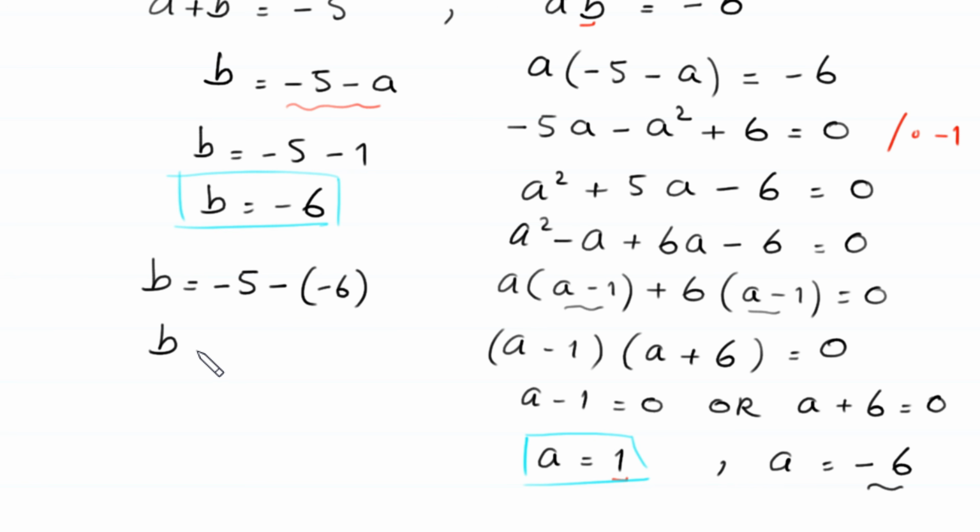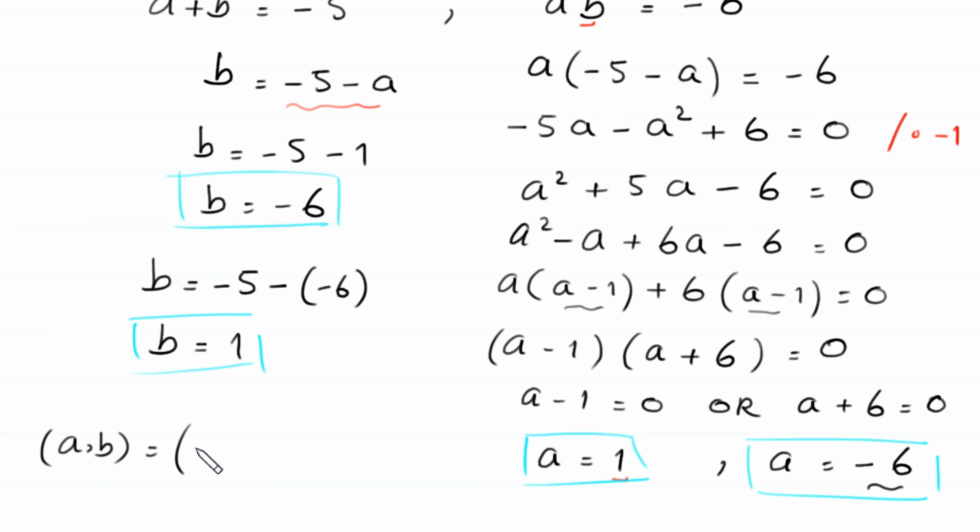This negative will become plus, and negative 5 plus 6 will become 1. So when a is equal to negative 6, then b will be equal to 1. From here we get other two pairs of solutions. A comma b is equal to 1 comma negative 6 and negative 6 comma 1.